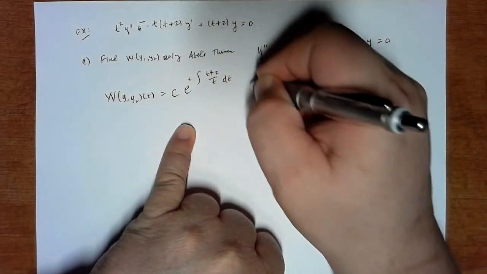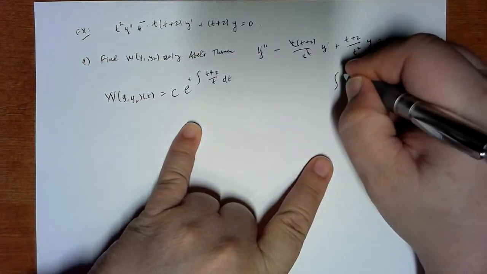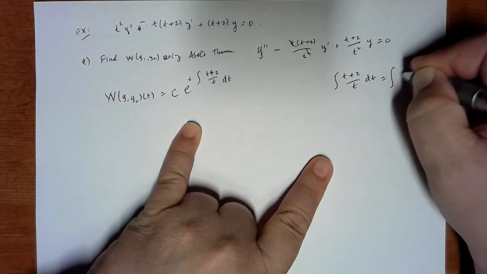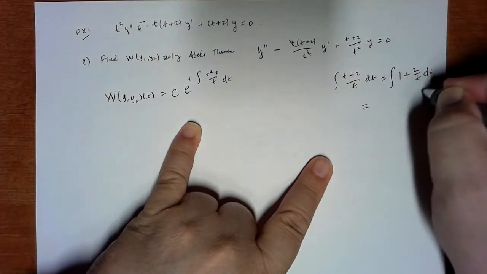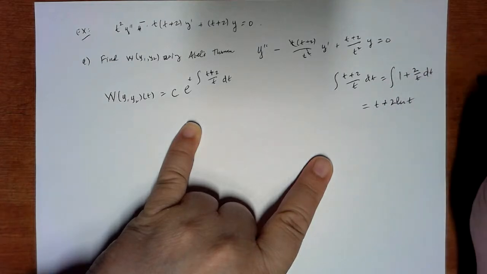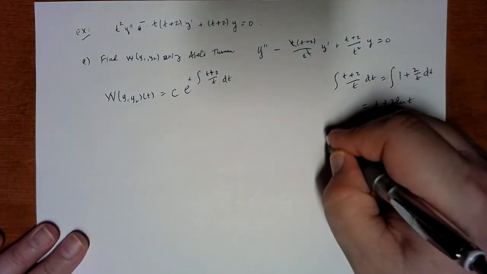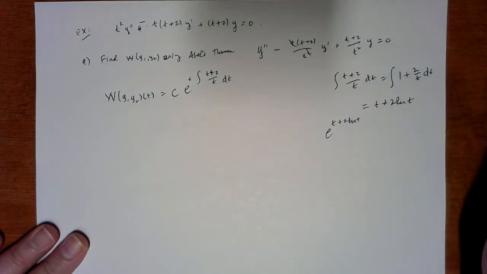And so let's go ahead. Can you read that? I can rewrite that. Let's just put this off to the side here. The integral of (t plus 2) over t dt is equal to the integral of 1 plus 2 over t dt. So that's going to be t plus 2 times the natural log of t, right? And so when I exponentiate that, I'm going to have e to the t plus 2 times the natural log of t, right?